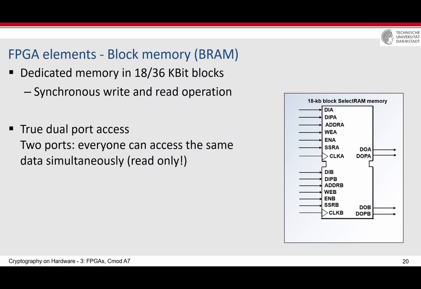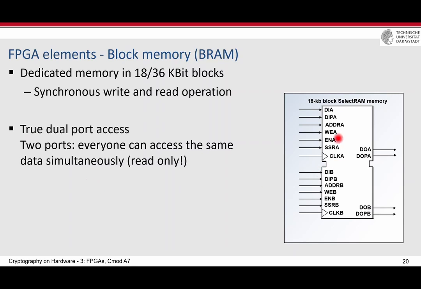What is interesting is that it has two completely individual and independent ports. This means you can read the same content of the memory from two different ports, and it's called true dual port.